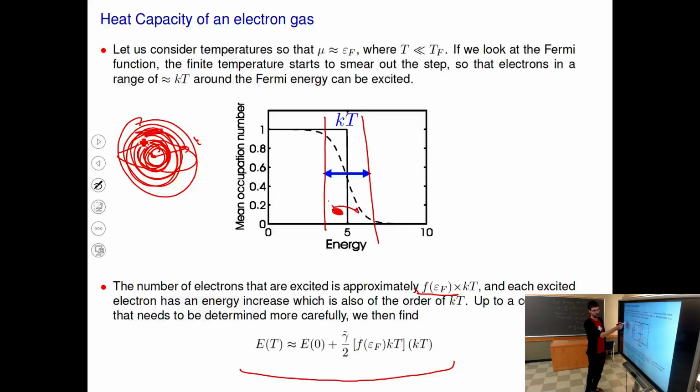Largely this is just counting all of these occupied states here, which nothing happens to them no matter what temperature, plus a small correction, some coefficient, which is not known to us as of yet. We are actually not going to explicitly calculate it, times the number of electrons in this range, times the energy that they can absorb. And obviously, as we increase temperature, this window grows. More and more electrons can participate in this taking and giving of energy, and the heat capacity increases.